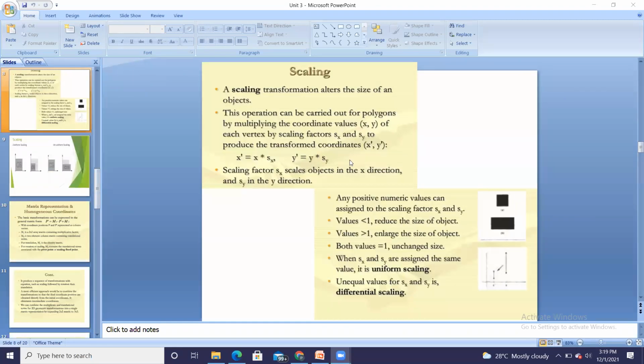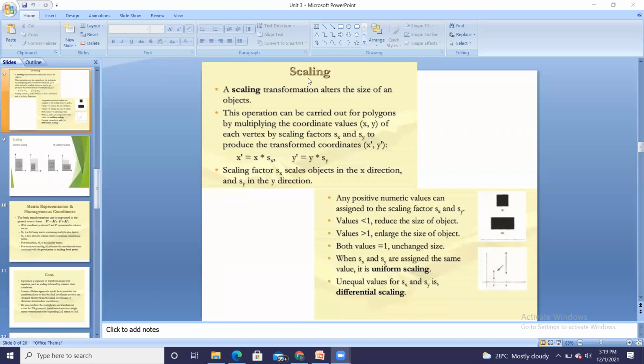So next is a very interesting transformation of 2D image that is called scaling. Scaling is the phenomenon which is impacting the size of the object. Till now, the two transformations that we have studied were translation and rotation.